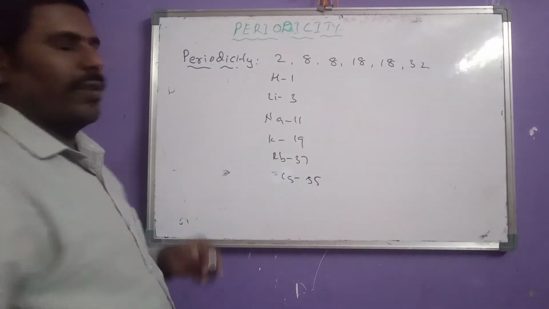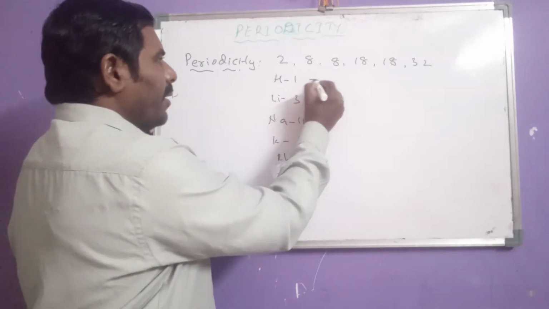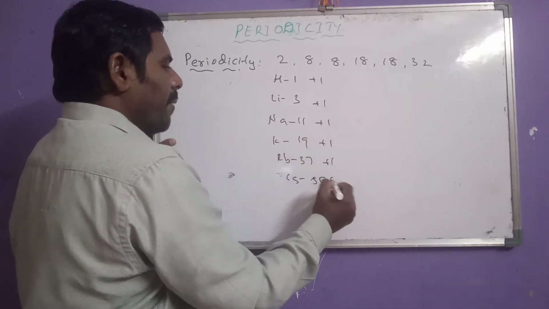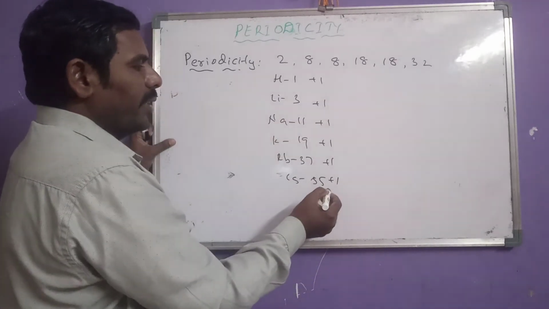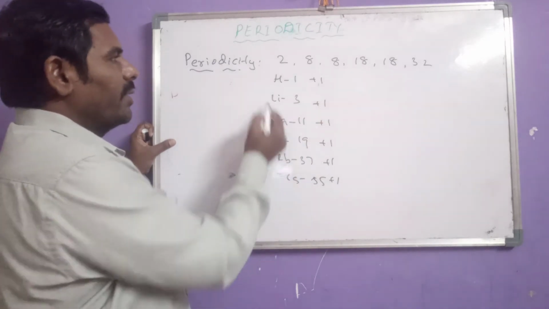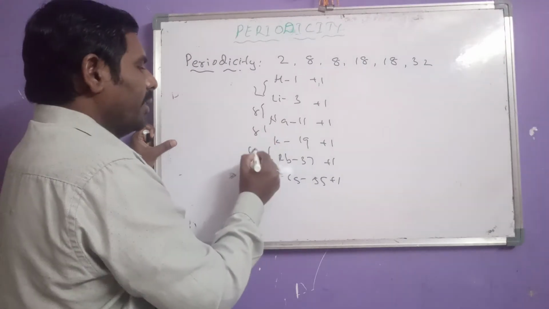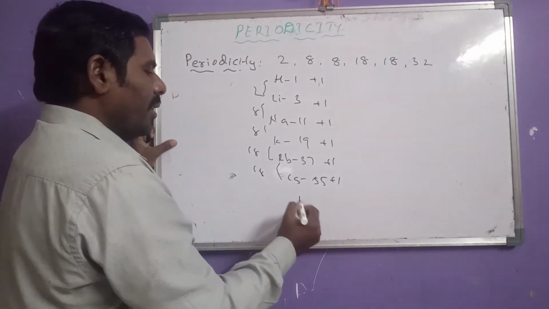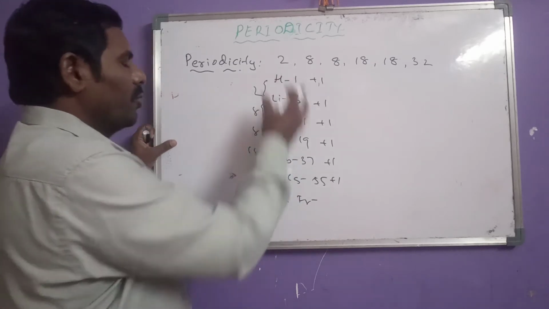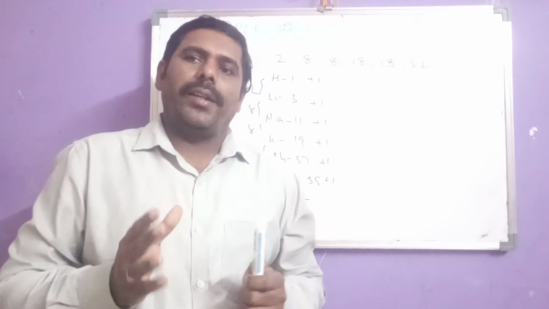So these are which one? First A group elements. Now all these have plus 1 oxidation state. That means plus 1 oxidation state repeats again and again. So what are the intervals here? 2, 8, 8, 18, 18. Of course, after that we get francium here, 32. So like that here, plus 1 is the property.